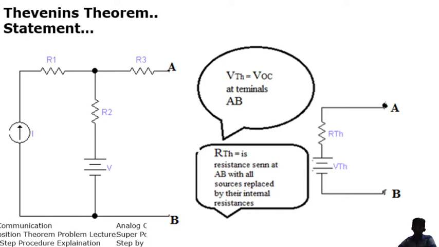Here it has only one element and one independent source, that is the Thevenin voltage source and Thevenin series resistor. This type of circuit is nothing but a Thevenin equivalent circuit. Any type of circuit that can be replaced with a Thevenin equivalent circuit, this is nothing but Thevenin theorem.